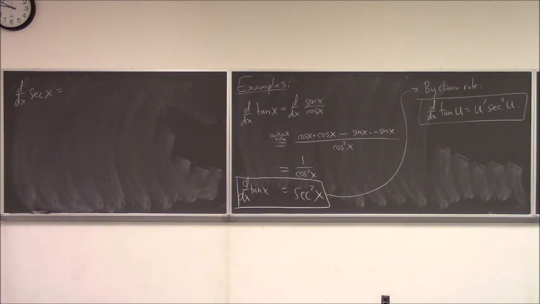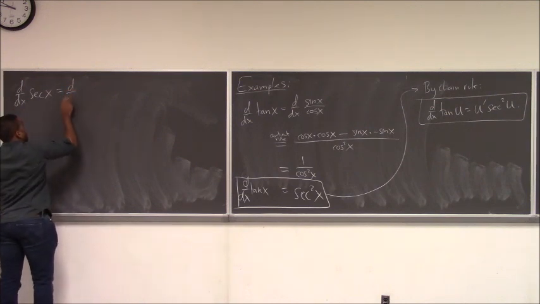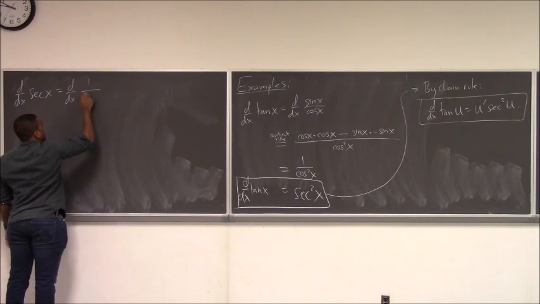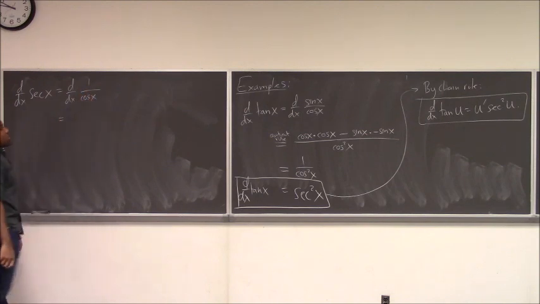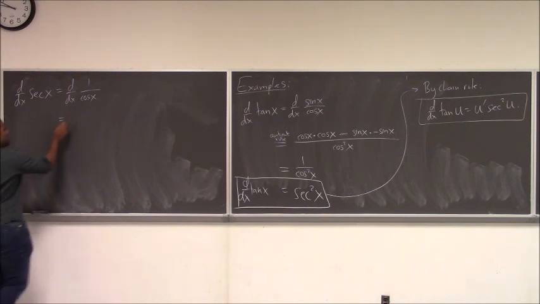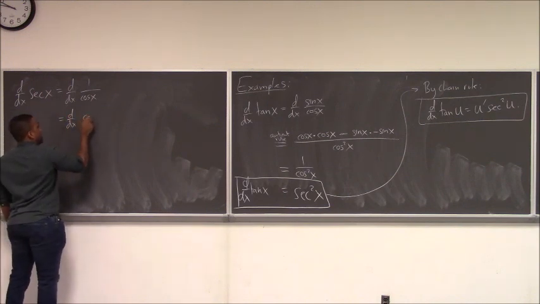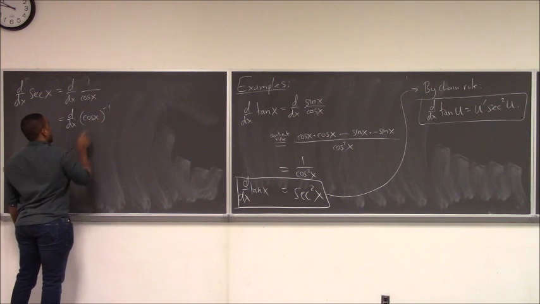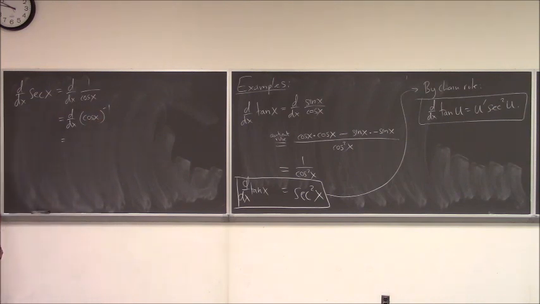Secant is equal to 1 over cosine, which is also the same as cosine to the -1. That makes it easier. Can you use the power rule in this case or no? No, it's chain rule.